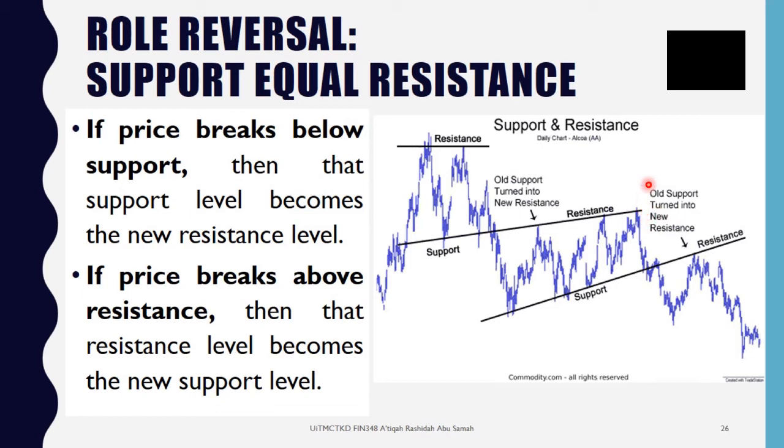If the price breaks out of the resistance line, it will be known as a support line, so you have to find another resistance line. Support and resistance is very important to understand, because this is very basic information, very basic technical analysis skills for making decisions.